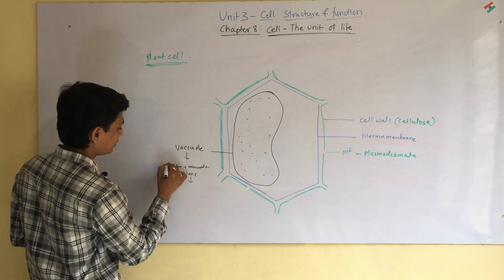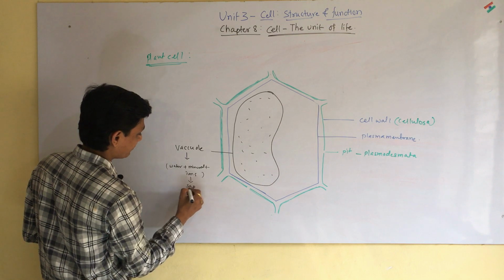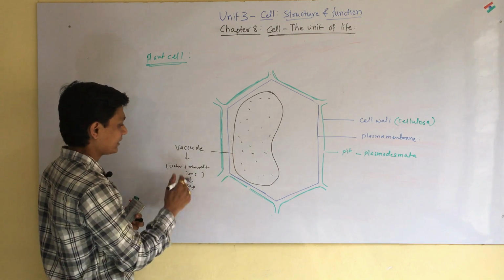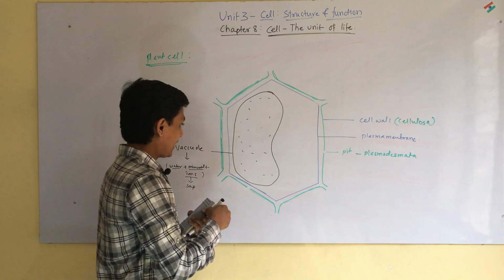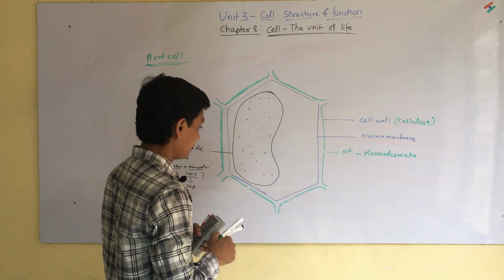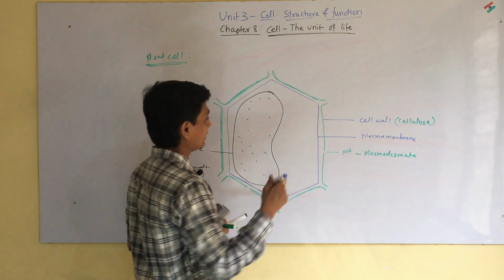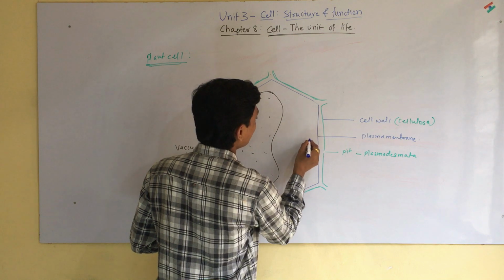This whole is known as sap, which is present inside the vacuole. As the vacuole is bigger in size, the nucleus present in the plant cell is somewhat near to the periphery, or near to the plasma membrane.